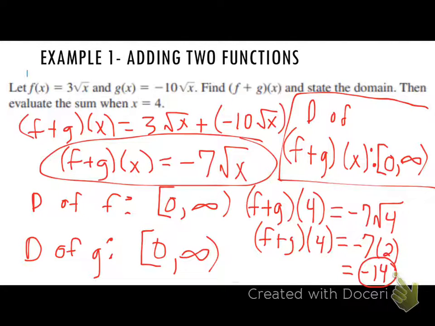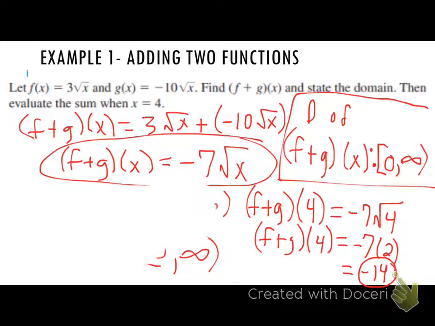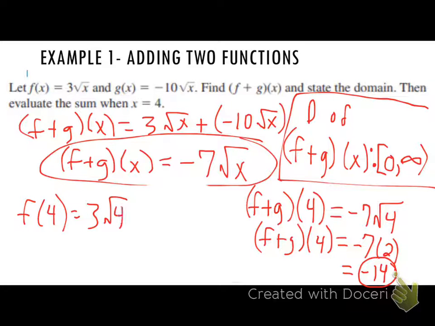There's one other way I could have done f plus g of 4. I could have plugged 4 into my f of x and found f of 4. Oops. Square root of 4 is what? 3 times 2 is 6.